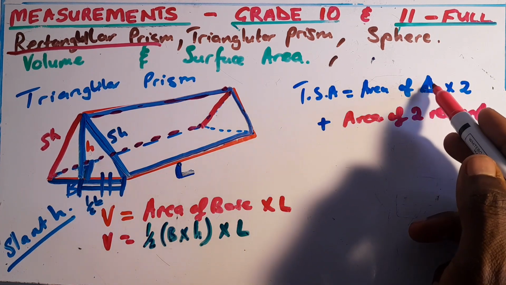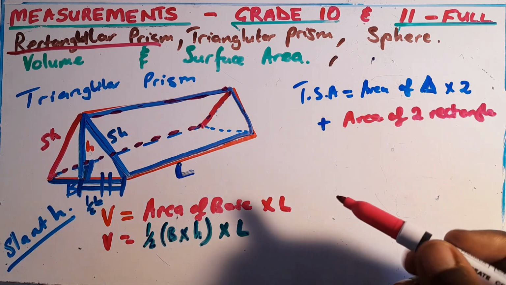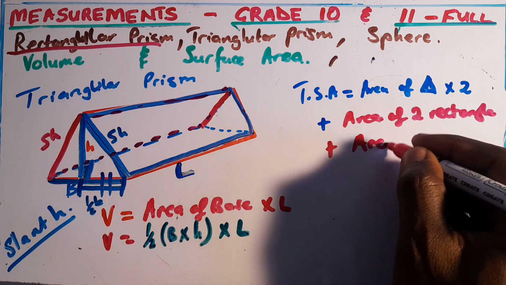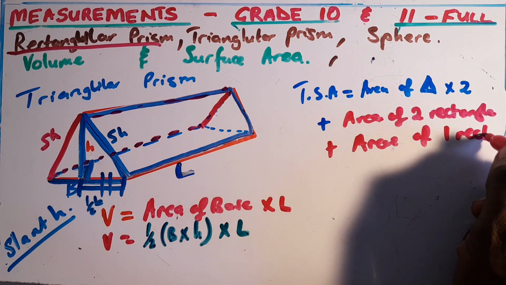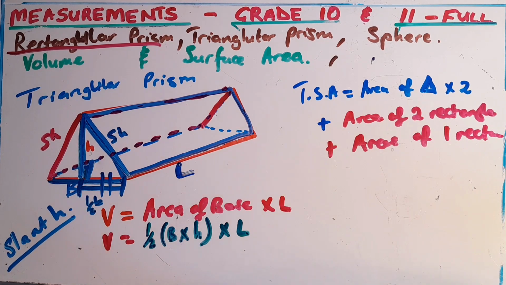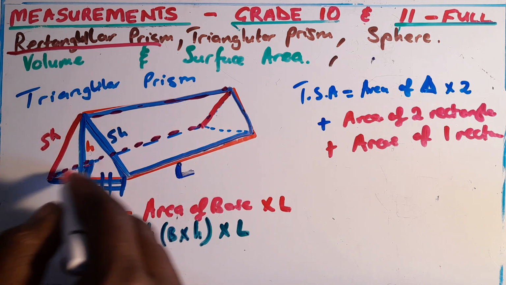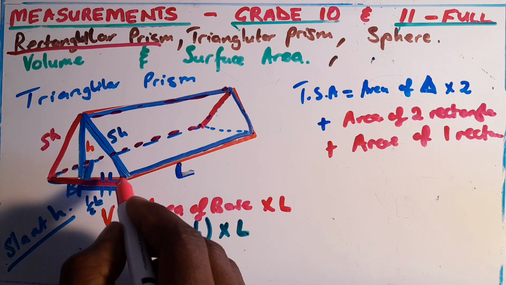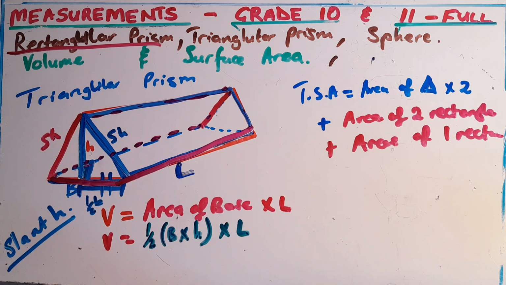So the area of triangles times 2 plus the area of two rectangles that are equal plus the area of one other rectangle that is different. So how do we mean that is different? We are having this other rectangle that is below, that is having the measurements of the base, or the dimensions of the base and the length.